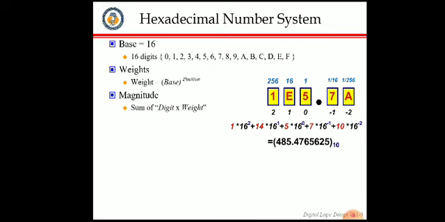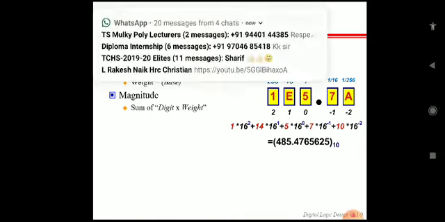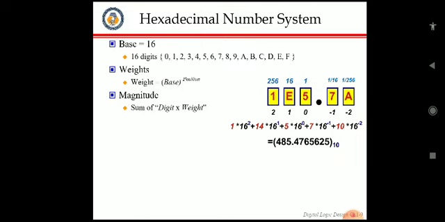After simplification, we will get 485.4765625 in decimal. So this is the way of expanding the given hexadecimal number and converting that number into decimal.